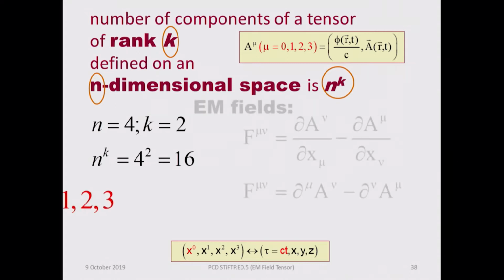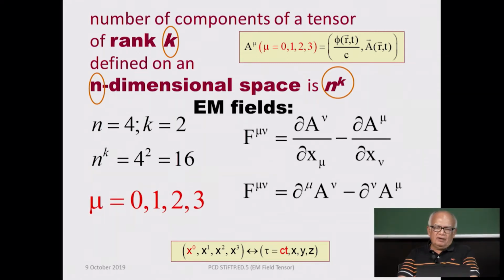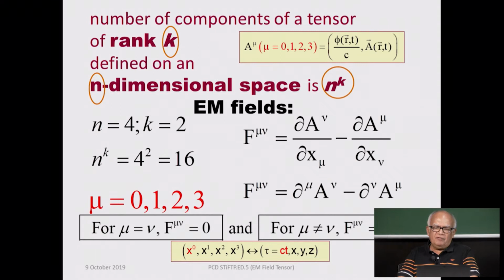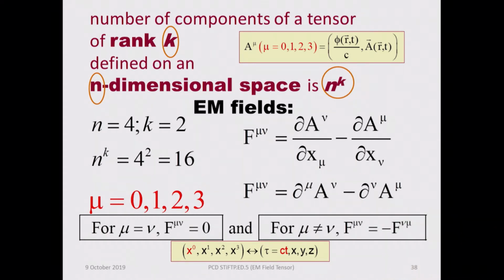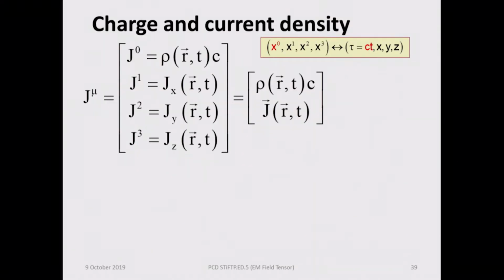So, you have got 16 components which represent the electromagnetic field, and this is an antisymmetric tensor whose diagonal elements are 0 and off diagonal elements have the opposite signs. So, that is the property of the electromagnetic field tensor. What about the charge and the current density?